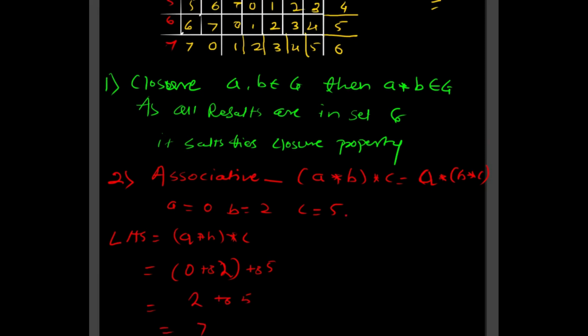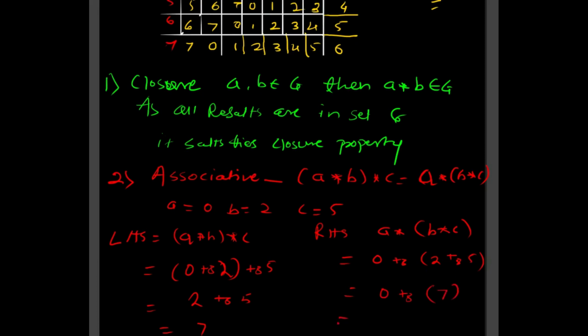So on the left hand side we are getting 7. Similarly, find out the right hand side. The right hand side is A star (B star C), where A is 0, star means plus 8, B is 2, star is plus 8 and C is 5. If you solve this, you get 5 plus 2 is 7, 7 mod 8 is 7.